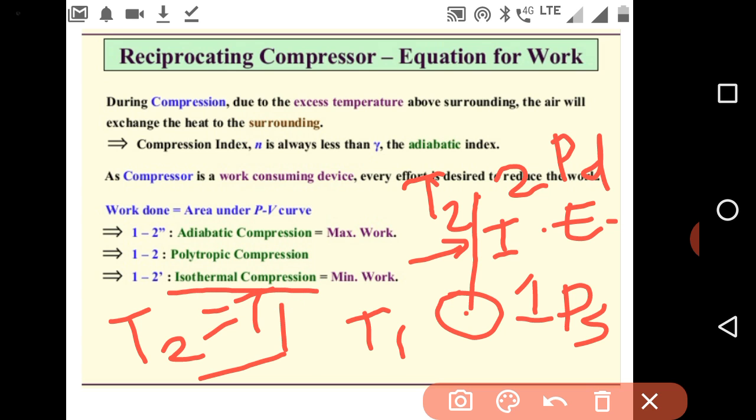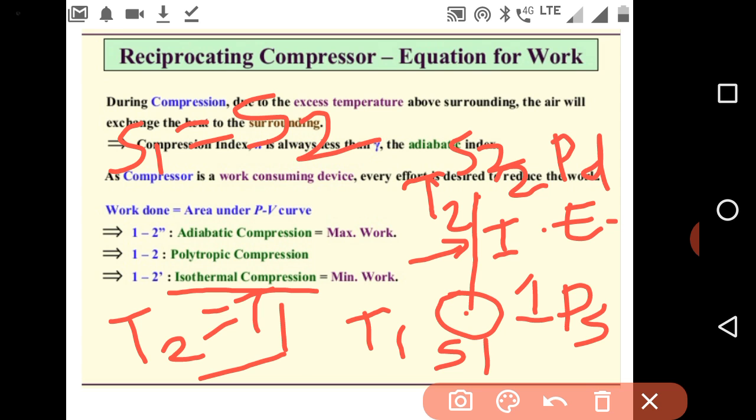If the entropy of the suction air is S1 and the entropy of the discharge air is S2, and when I compare, S1 is equal to S2, it means the entropy is constant, there is no increase in entropy.